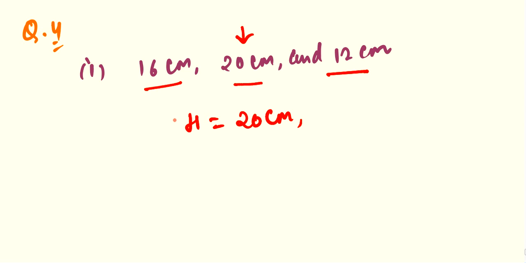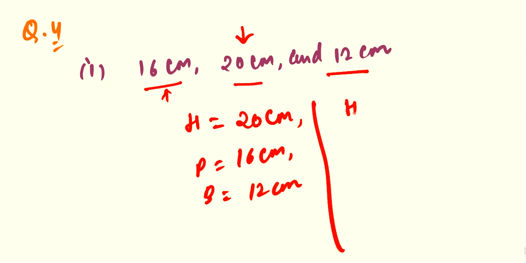Next is perpendicular. You can take this 16 as perpendicular, so perpendicular equals to 16 centimeter. Then remaining 12 is base. Now apply Pythagoras. So h square equals to p square plus b square. So put values here.